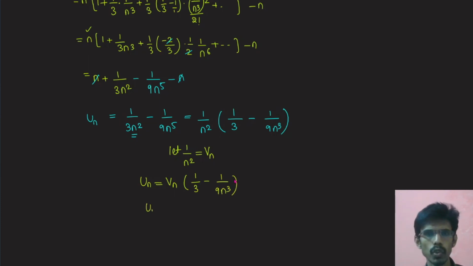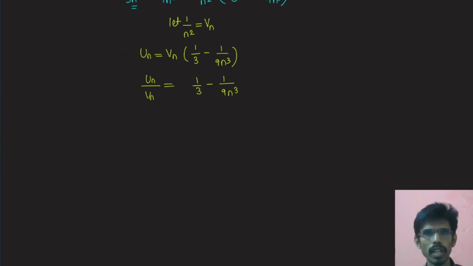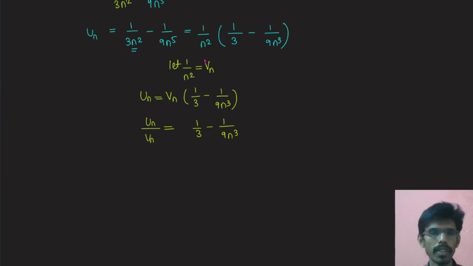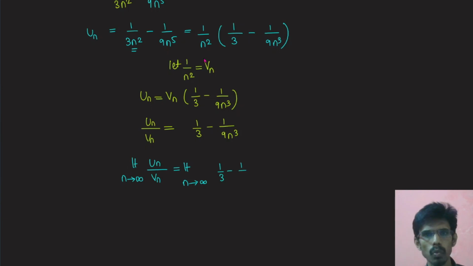Now take the ratio of Un by Vn, that will be 1 by 3 minus 1 by 9n cube. Now apply limits on both sides, n tends to infinity, as I am applying the comparison test. Limit of Un by Vn equals limit n tends to infinity of 1 by 3 minus 1 by 9n cube.